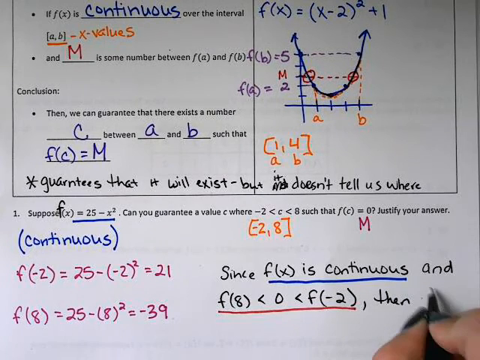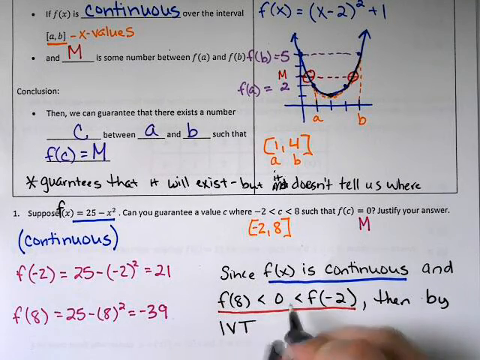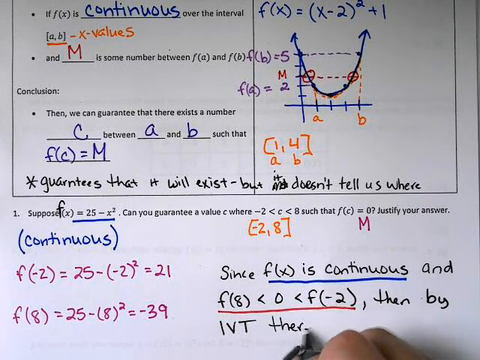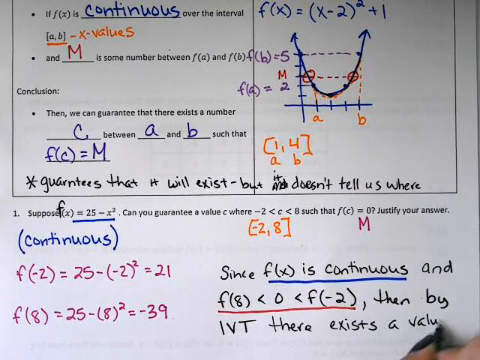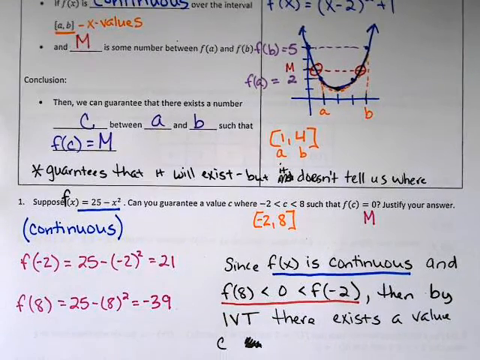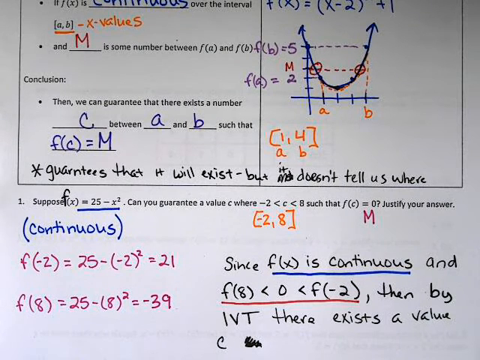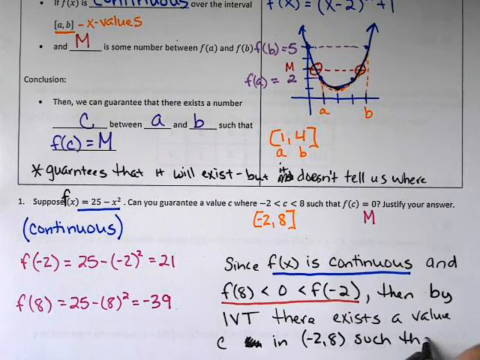Then, by the intermediate value theorem, so IVT, there exists a value C in the interval negative 2 to 8 such that f of c equals 0.